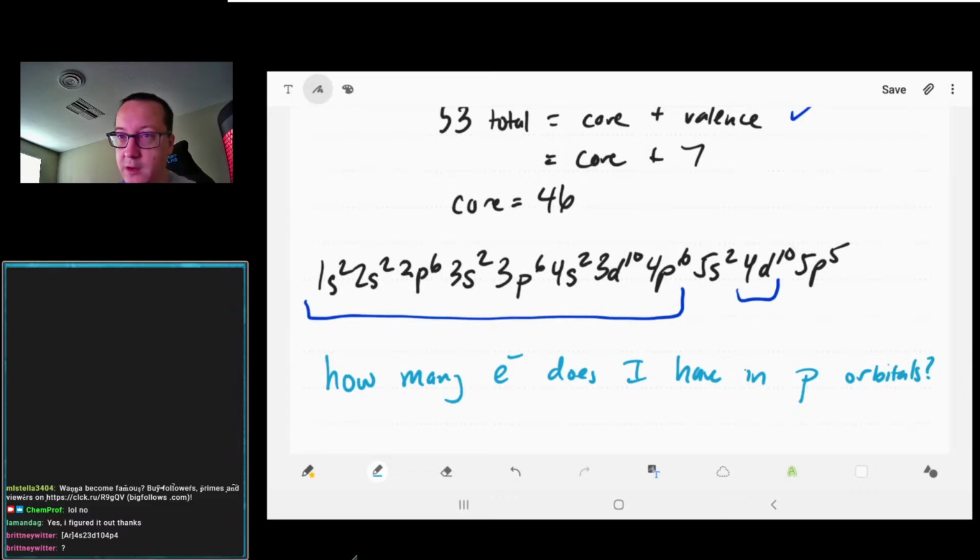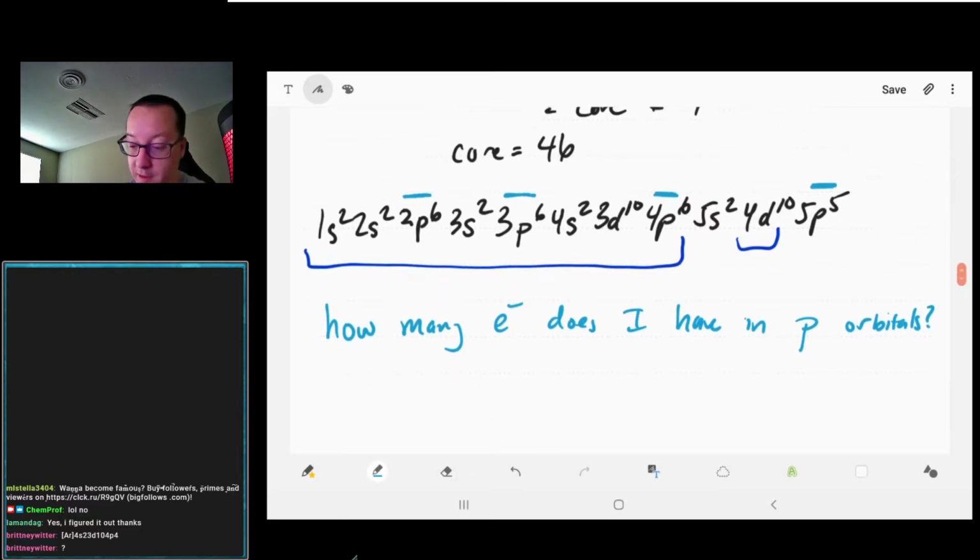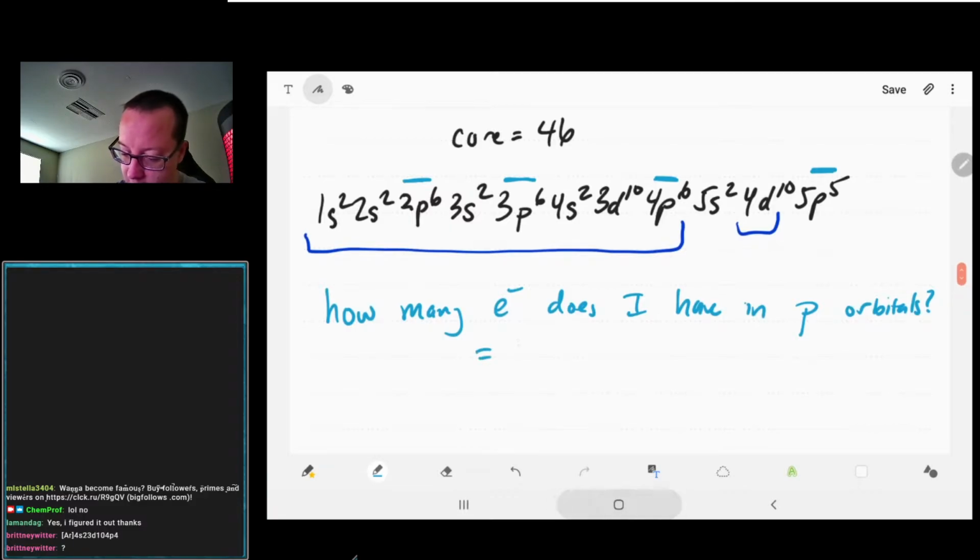I'll show you what I mean in a sec, but if you have the configuration already, for some reason, this would be more useful if you're looking at specific electrons. So, for example, you would say, okay, we've got 6 here, 12, 18, 23 electrons there in p orbitals. So that was 6 plus 6 plus 6 plus 5, which was 23.